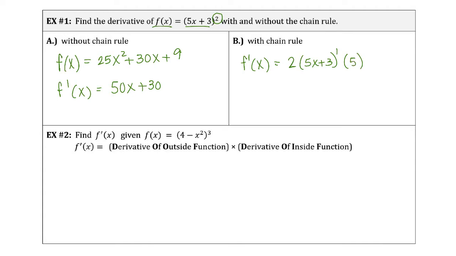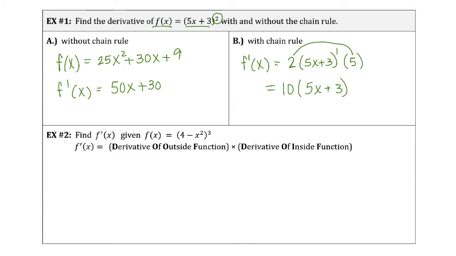And we can leave it just like that, or we can simplify and multiply the 5 and the 2. So we have 10 times 5x plus 3. So if you notice, we really end up with the same exact answer for both. Usually when the exponent's a 2, it's about the same to do both either way.